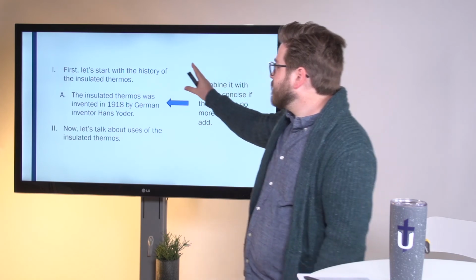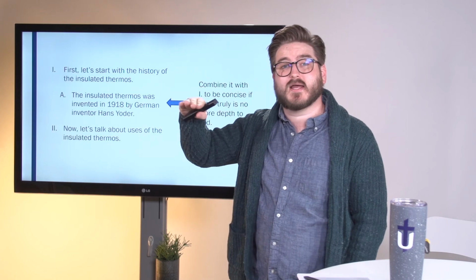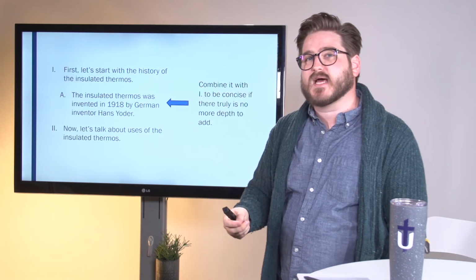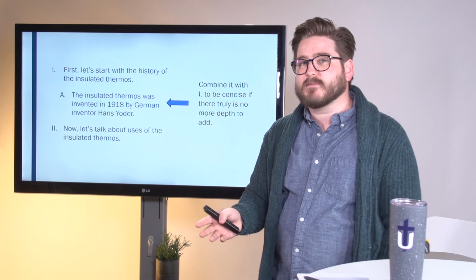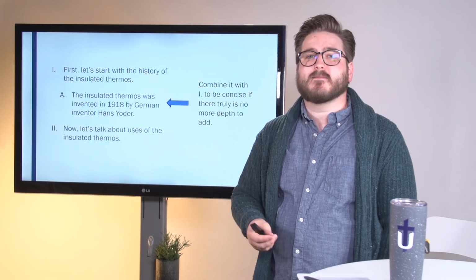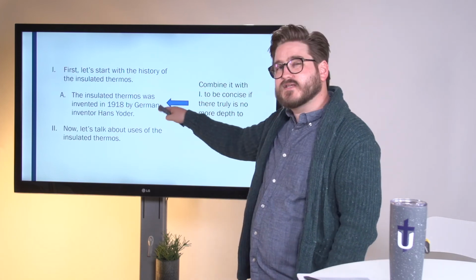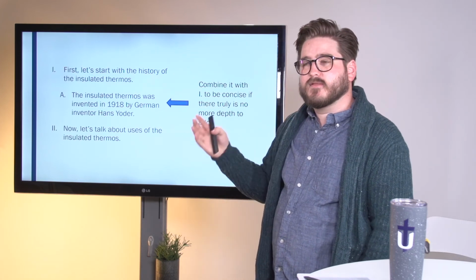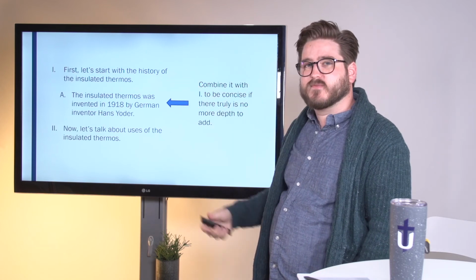That's combined these two things, and now I just have one line. I've been concise. I haven't taken more time to rephrase or restate something that isn't of great importance. If this is all the depth that I have, then I really ought to find a way to combine it with the line above it.